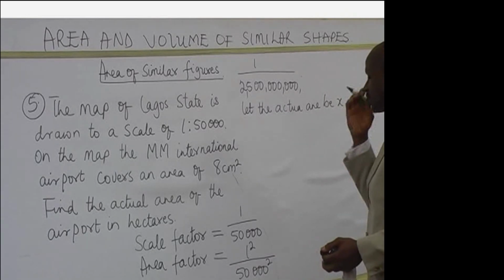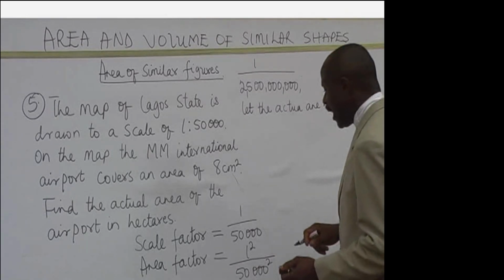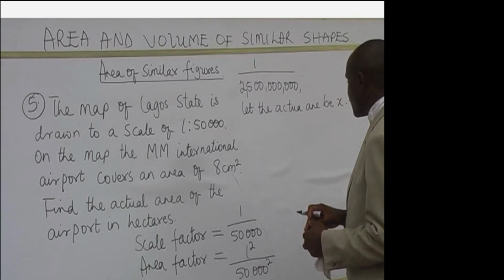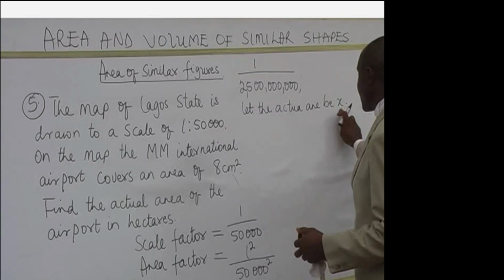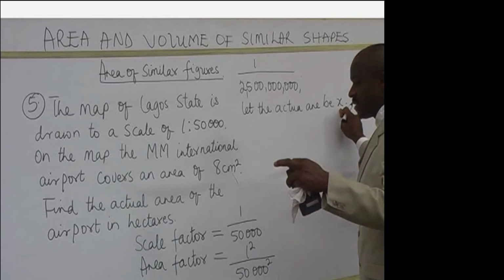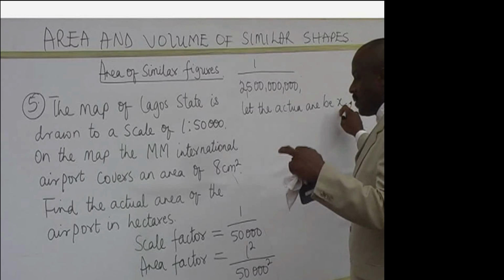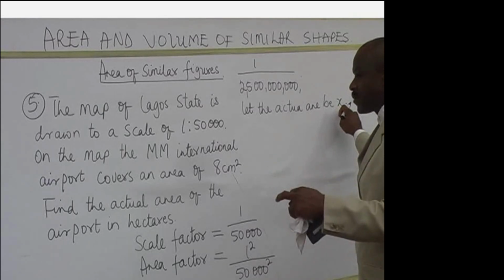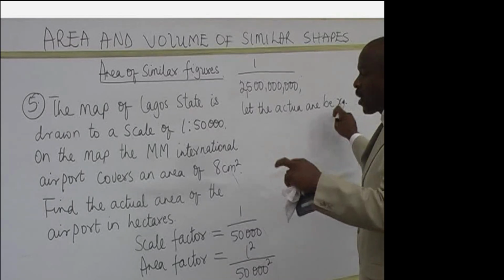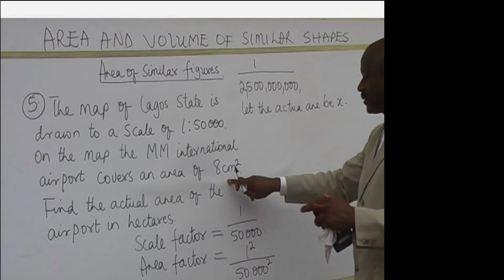Let's use X. If you look very closely, you discover that this X is the area of the real measurement of the airport on land, which is bigger than the measurement inside paper.